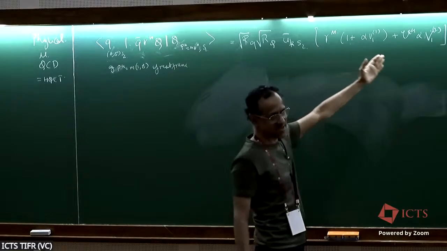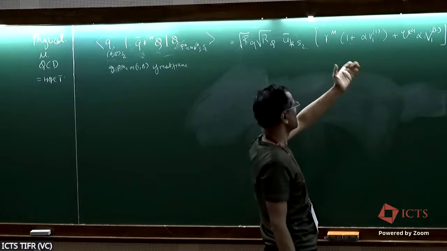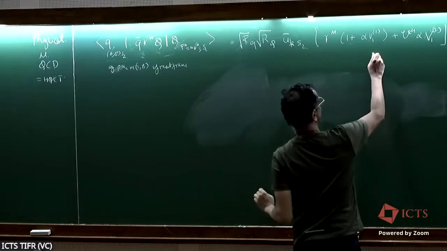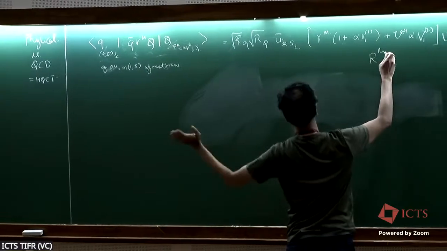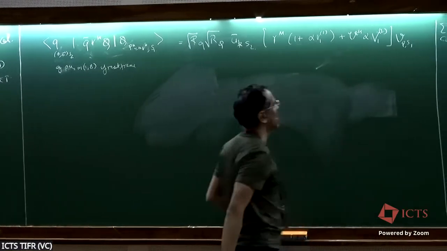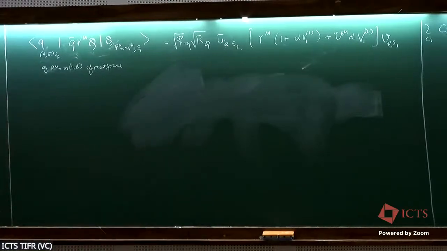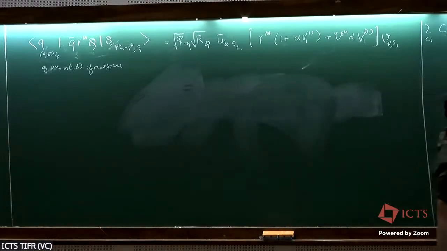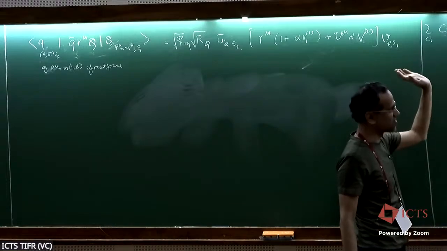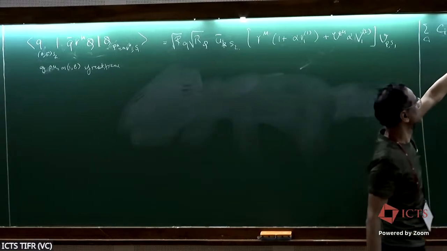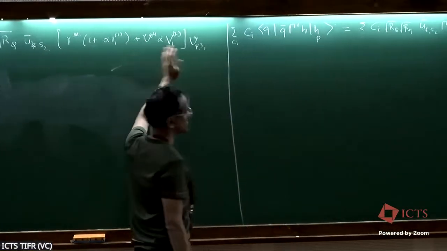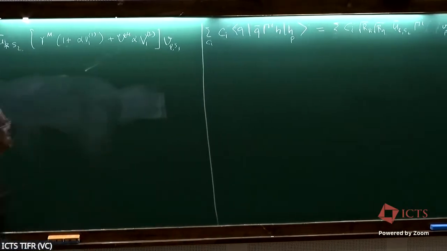All vectors that satisfy the quantum numbers can arise: gamma mu, v mu, and if there's an external k mu for the light quark, that can also come in. But I've set the external momentum to zero, so only these two appear. So on the HQET side, I should add all the currents, Q bar gamma mu H and Q bar v mu H, such that these two can be equal.